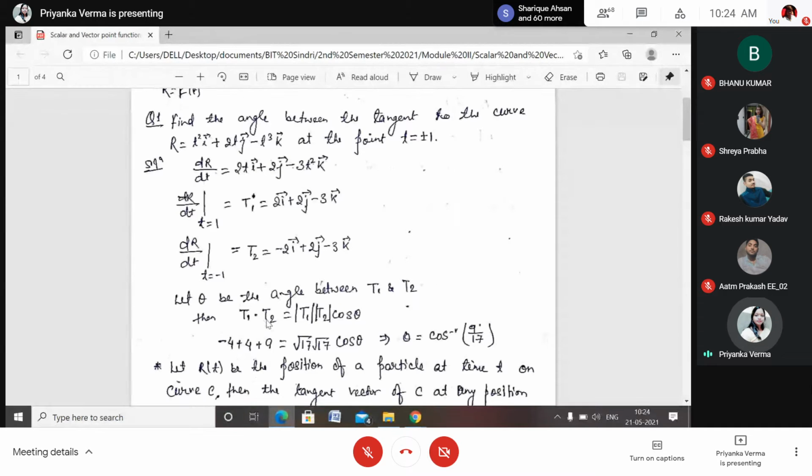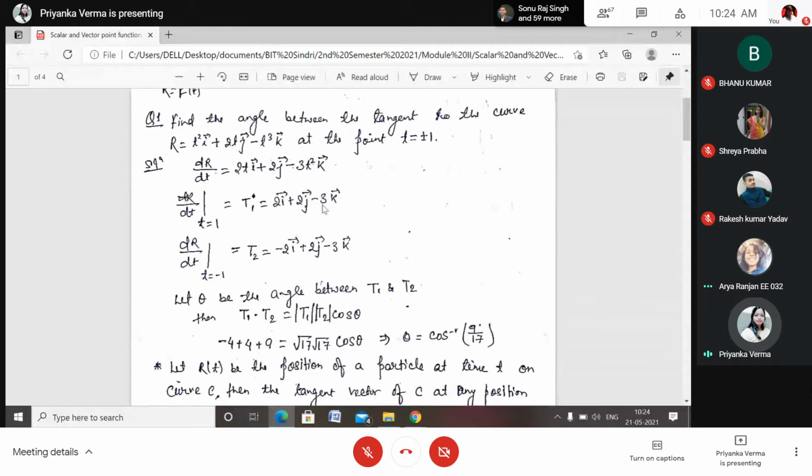Now T1 dot T2, that means dot product. When we take the dot product, the dot product of similar vectors is 1, and of different vectors is 0. That means i dot i is 1, so 2 into minus 2 is minus 4. j dot j is 1, so this is 4.